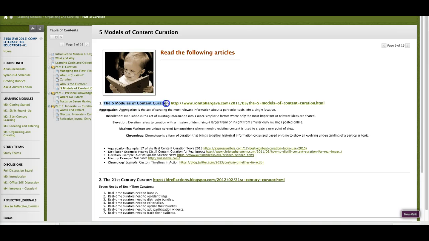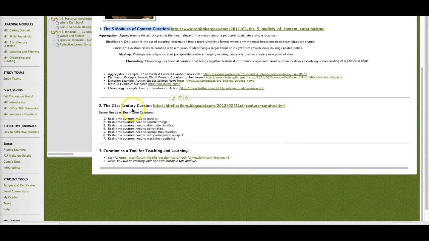The first one is the 5 models of curation, and the second one is the 21st century curator, and the third you're going to look at a Storify example looking at curation as a tool for teaching and learning. And just an FYI, you will be using Storify to create your own curated resource.